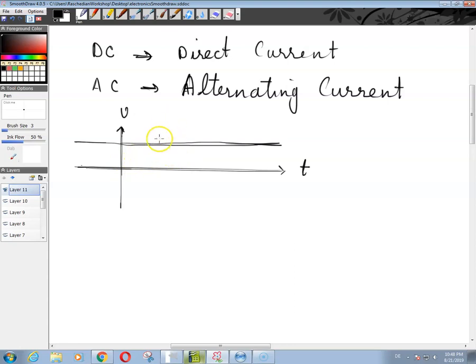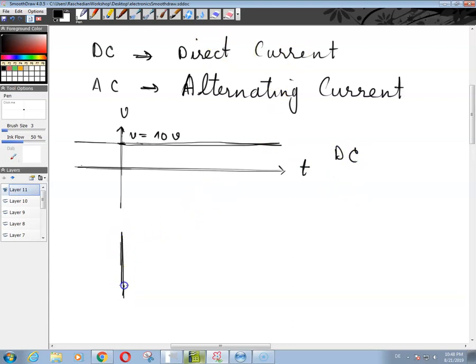For example, if V is equal to 10 volts, then at all times the voltage is going to stay at 10 volts. It doesn't matter at what point in time you're looking at your voltage. It's not going to change. So this is DC, direct current.